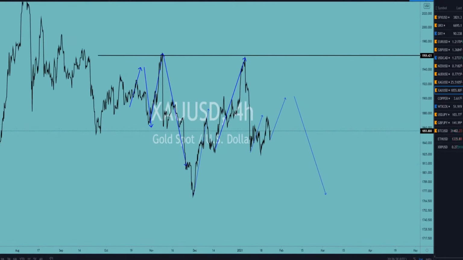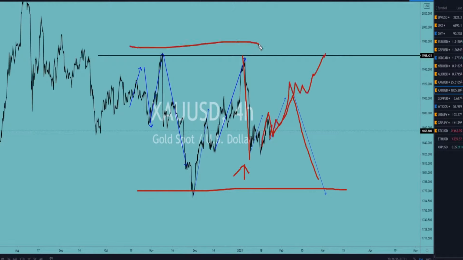This can do that and drop, taking out these areas, which I doubt again. This can be the end. This is your missing leg, and we'll go up correctively and break this top towards the up move, in which a lot of traders will be trapped.